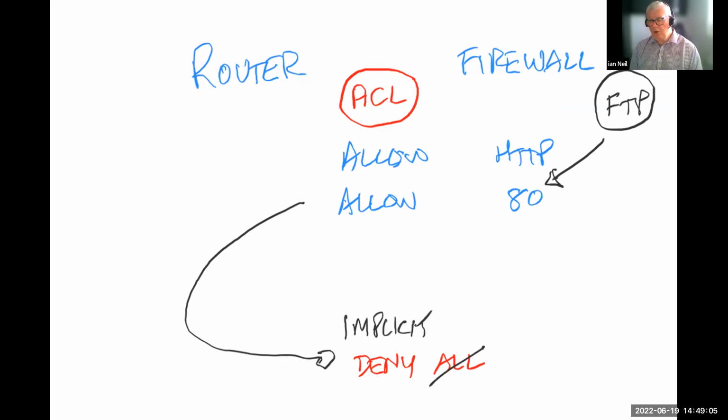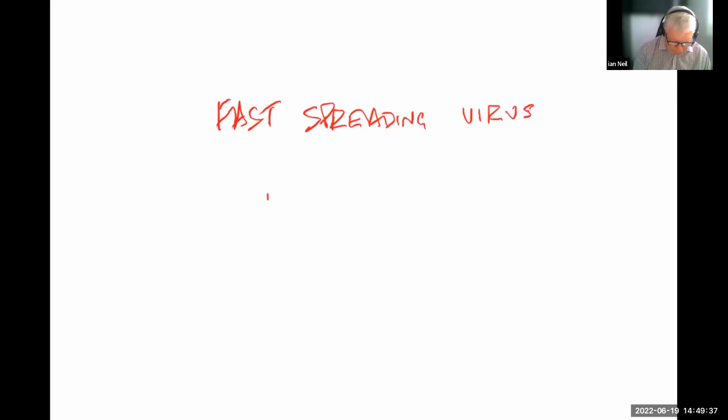How's that? So let's go back to my previous screen for the rapidly expanding virus. I'll just redraw it again. So we've got a fast spreading virus. You could segment the network.